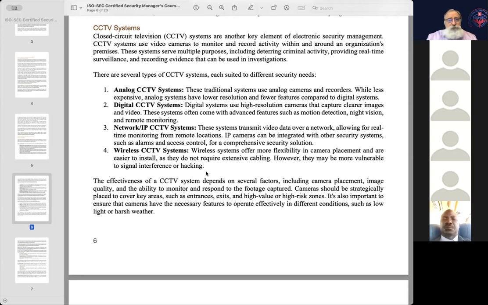So you can read here that these systems often come with advanced features such as motion detection, night vision, and remote monitoring. There are more. For example, we have an option to make what I'm going to say is applicable to all four categories, the first, second, third, and fourth, which is that we can make a masking.